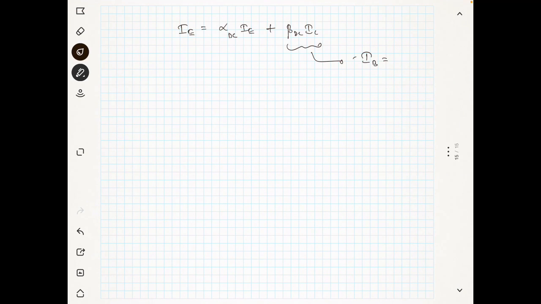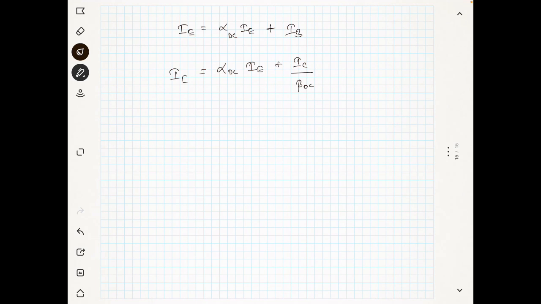IC is equal to beta DC times IB, so I will replace this. So this is alpha DC into IE plus IB, which is nothing but IC over beta DC.